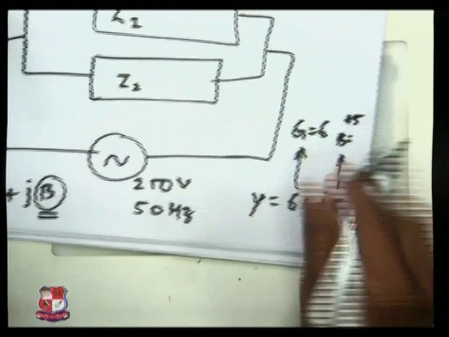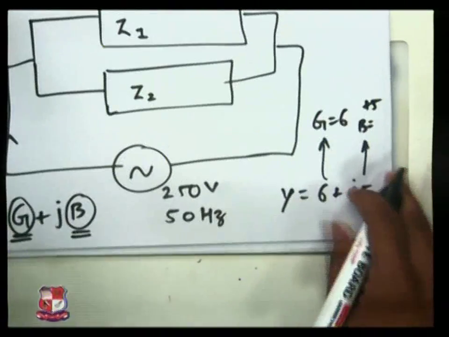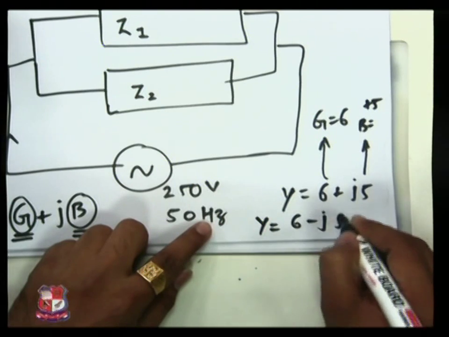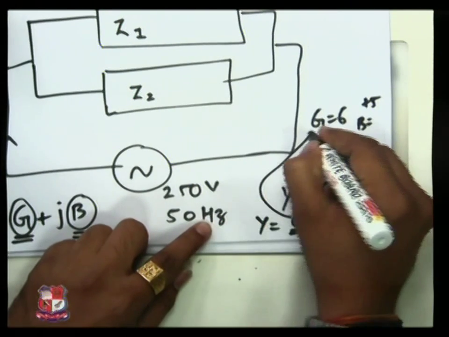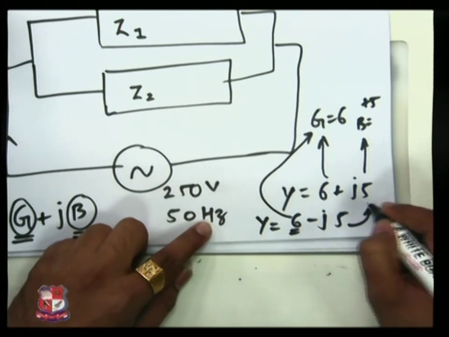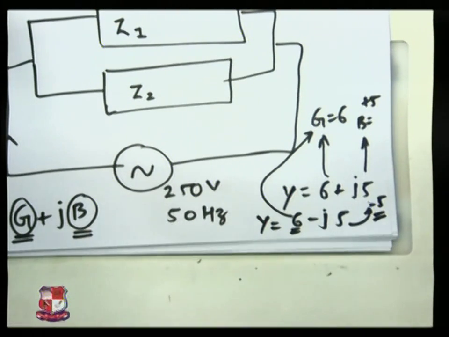If you write y equals 6 minus j5, then G is still 6, but B becomes minus 5.